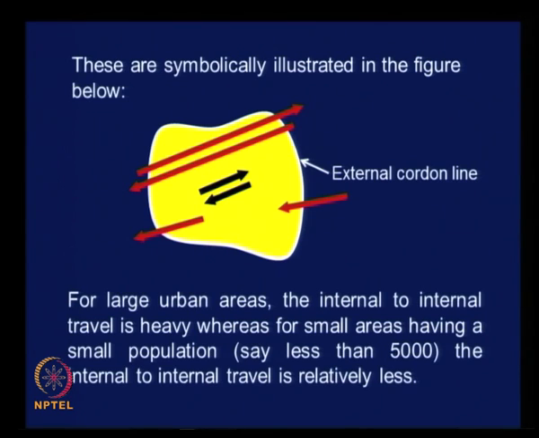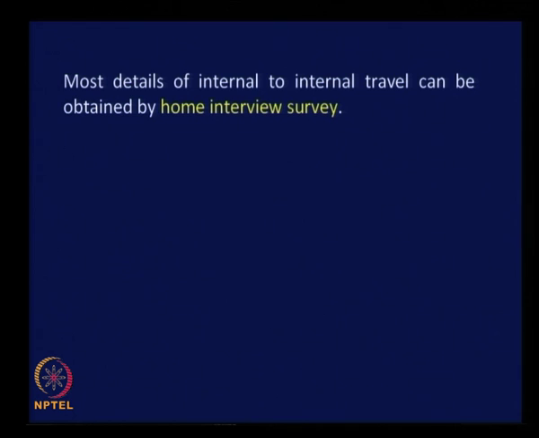Trips might emanate from somewhere and end up in your town and vice versa. Most details of internal to internal travel can be obtained by home interview survey. By conducting home interview survey, you can get almost all the information about internal to internal travel, trips made within your study area.